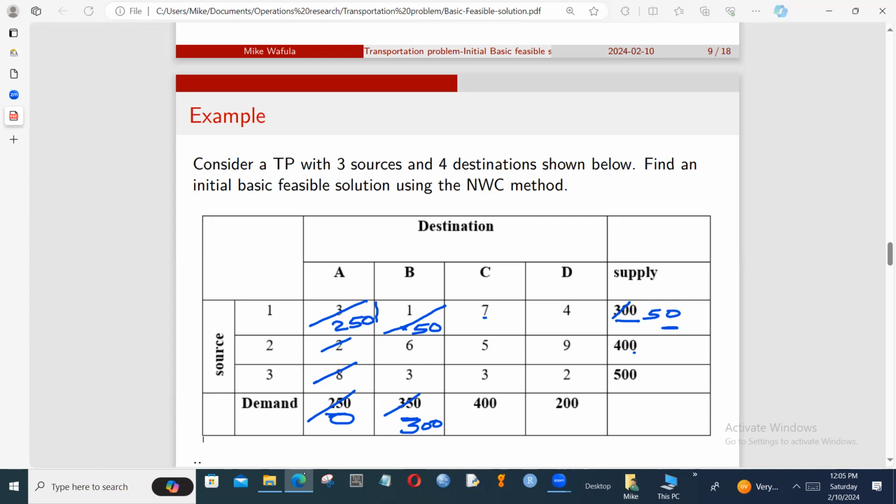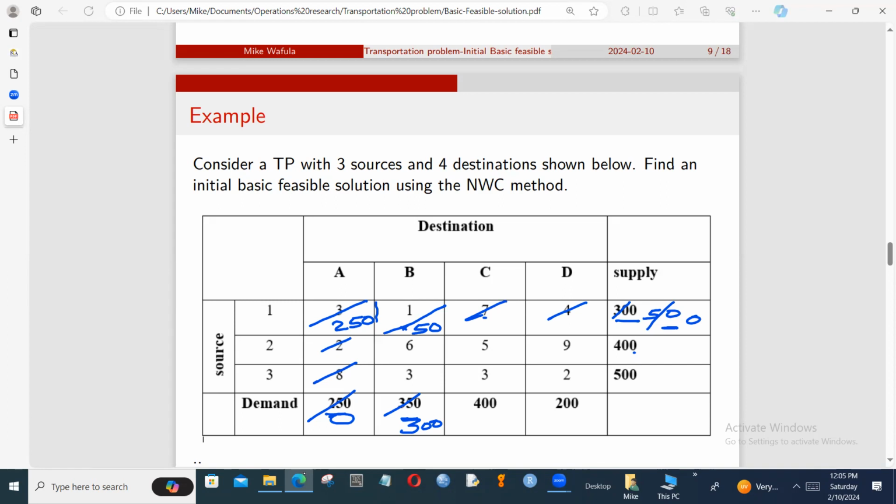And then source 1 will now be depleted, because the 50 has been assigned to destination B. If it's depleted, we cannot expect destination C and D to get any other unit from source 1.